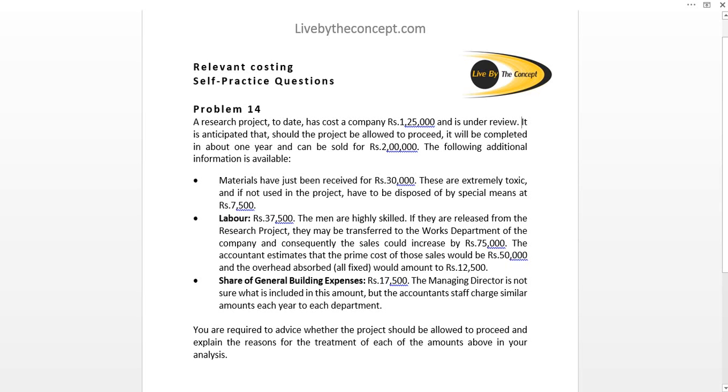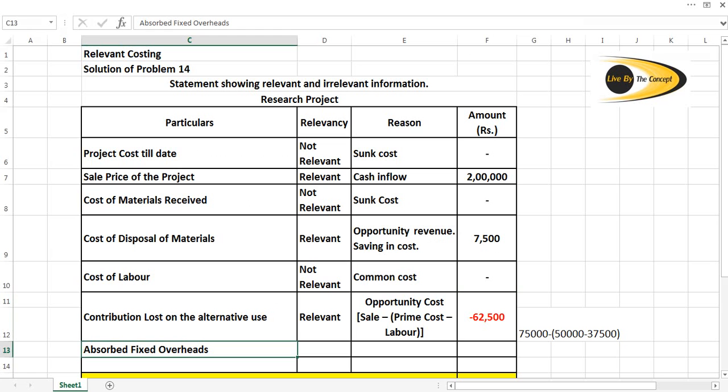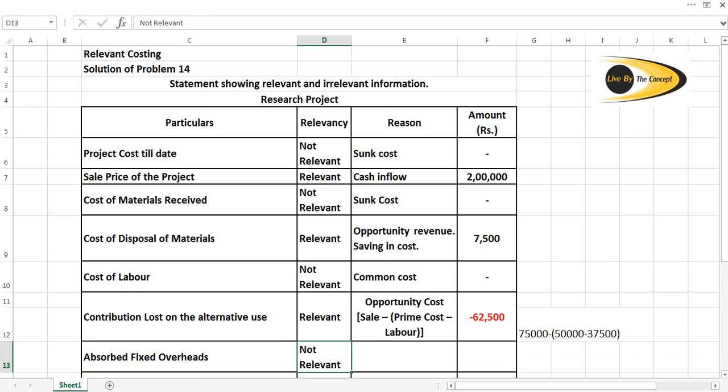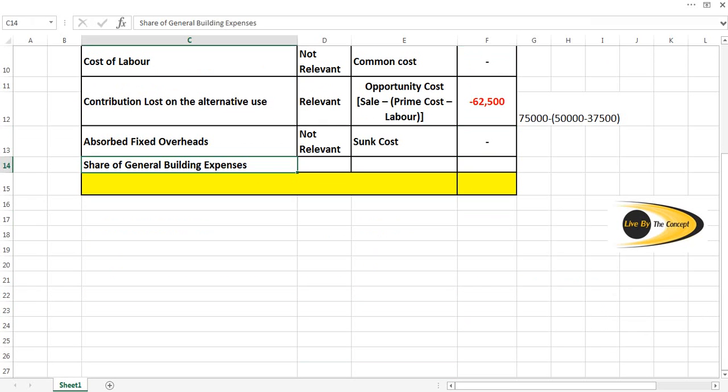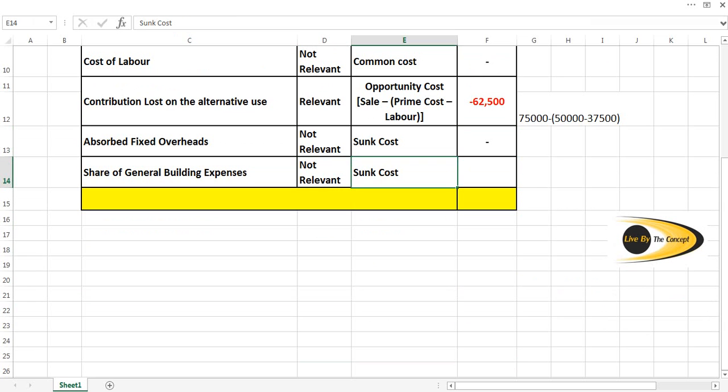So let us write down regarding both. We have here absorbed fixed overhead, which is not relevant. The reason is that it is the sunk cost and the amount is nil. Whereas we have the share of general building expense, again it is not relevant, it is sunk. The reason is that you have already incurred it, you are just allocating, so again the amount is nil.